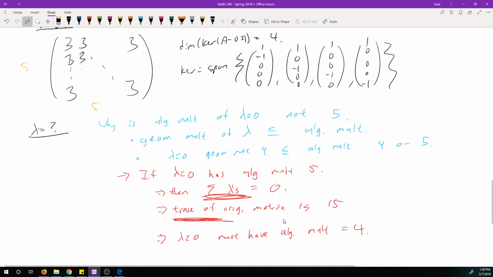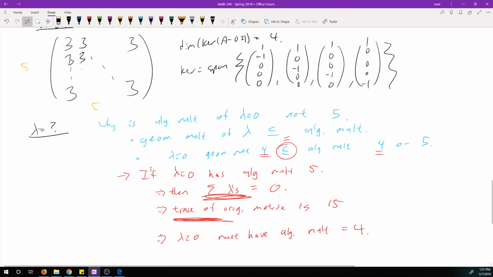And so we get 4 is equal to 4. For lambda equals 0, the geometric multiplicity and the algebraic multiplicity are equal to each other. So that's good, because it hasn't failed the diagonalizable condition.